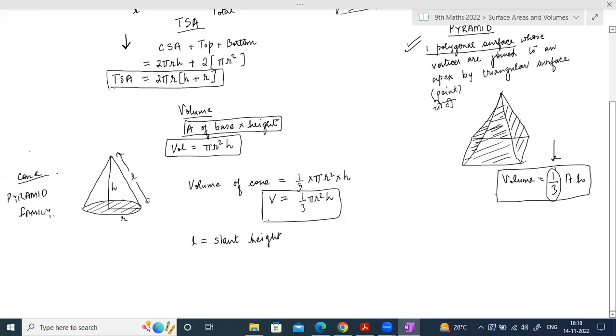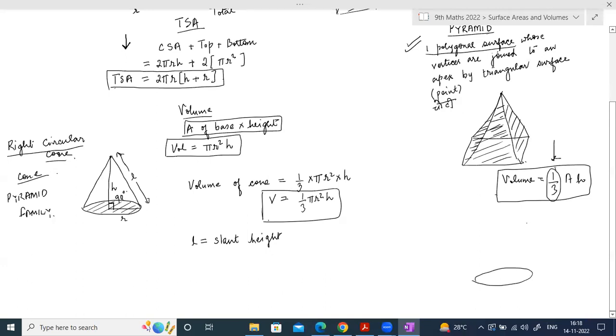You will also notice that in this cone, this angle is a 90-degree angle. The height and radius are perpendicular to each other, and that is why this particular cone is known as a right circular cone. We can also have a cone like this.